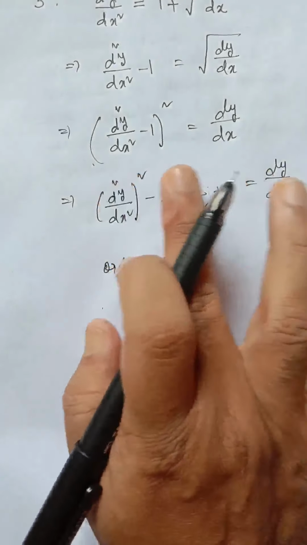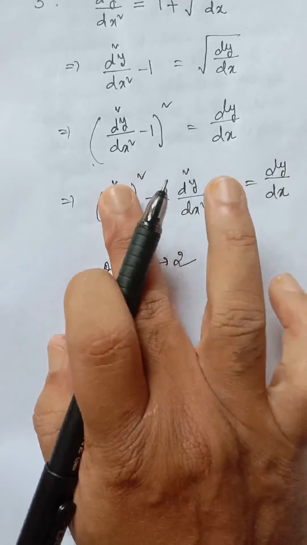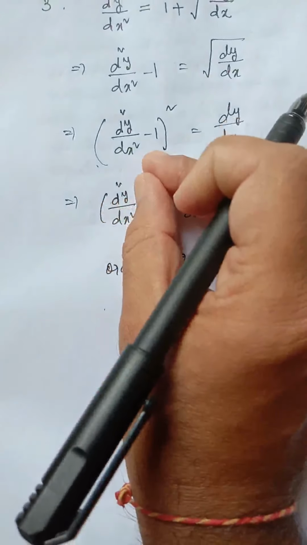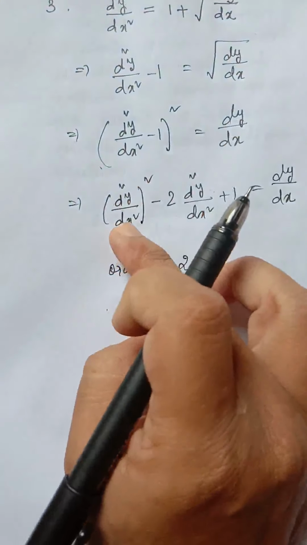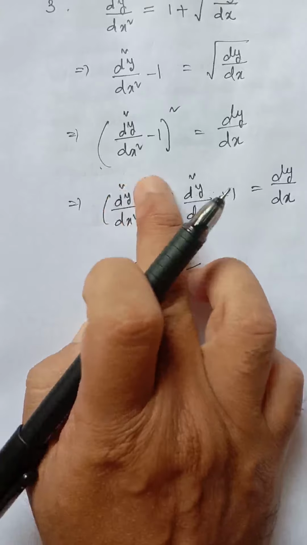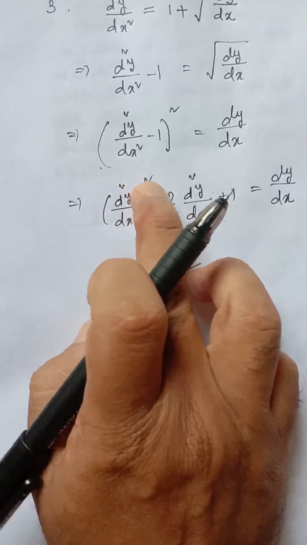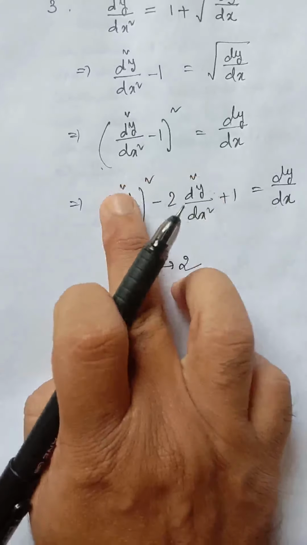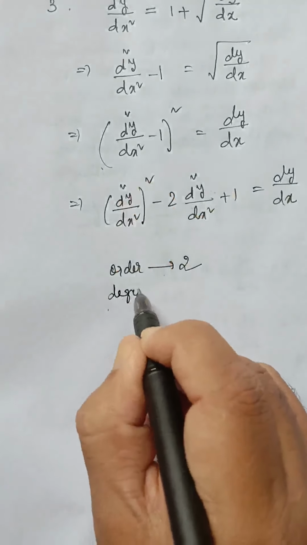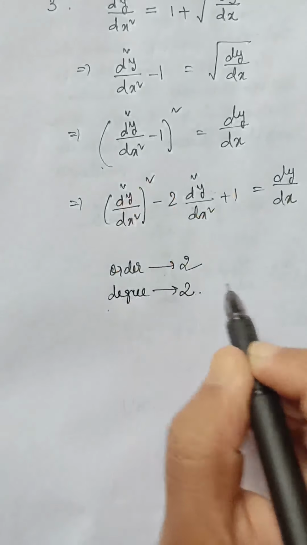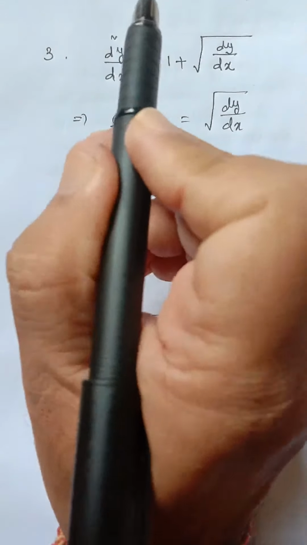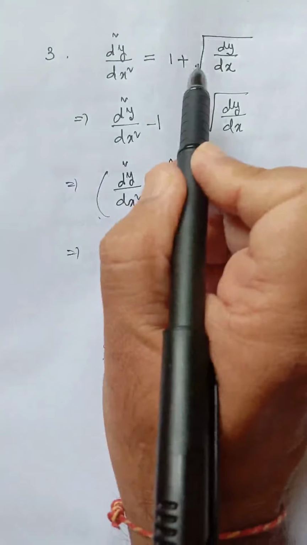The highest order derivative is the second order derivative, and its highest degree is 2. Here its degree is 1, here its degree is 2. So the highest degree is 2, and the degree of the differential equation is 2. So remember, if there is a root sign over any differential coefficient present in the equation, we have to remove that sign.